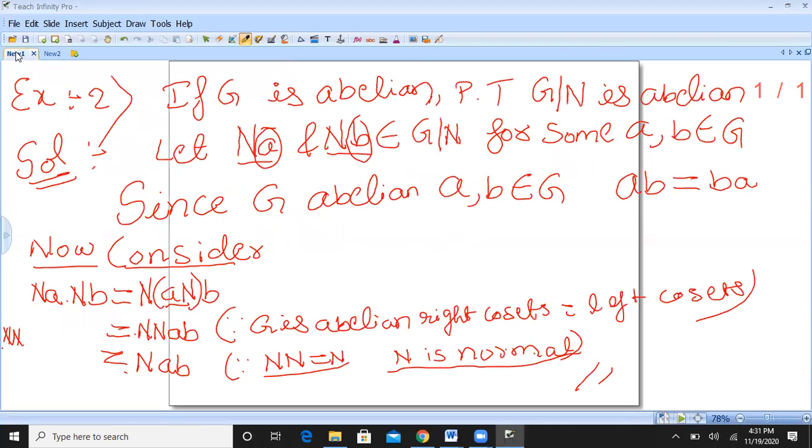Okay, so example number 2 we are writing this. If G is an abelian, so the statement in the question is, if G is an abelian, prove that G by N, the factor group, is an abelian.